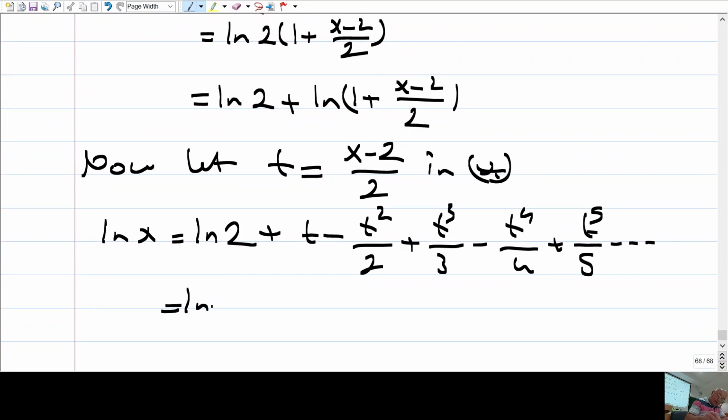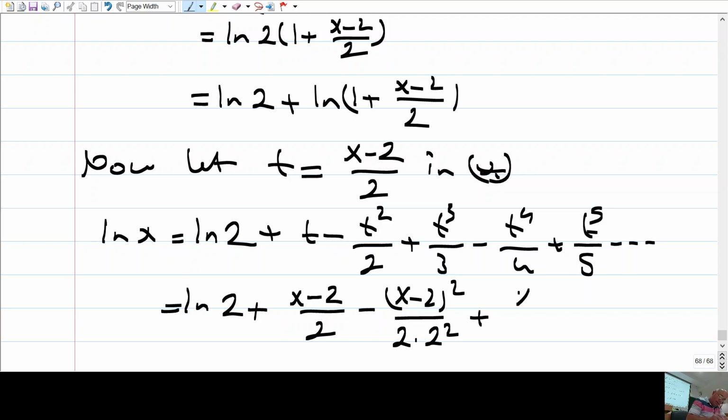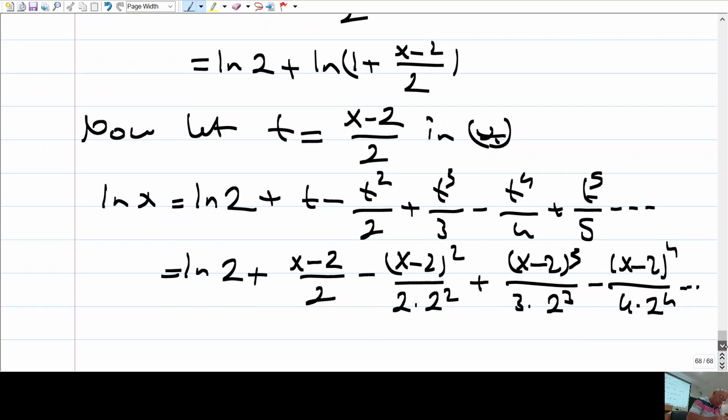So this is just ln 2 plus x minus 2 over 2, minus x minus 2 squared divided by 2 squared, I have an extra 2, so 2 times 2 to the power 2, plus x minus 2 cubed over 3 times 2 to the power 3, minus x minus 2 to the 4 over 4 times 2 to the power 4, and so on.